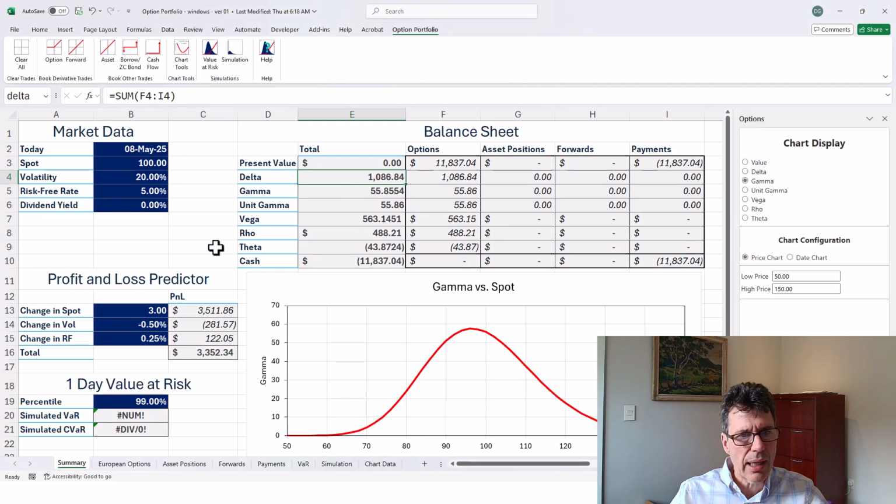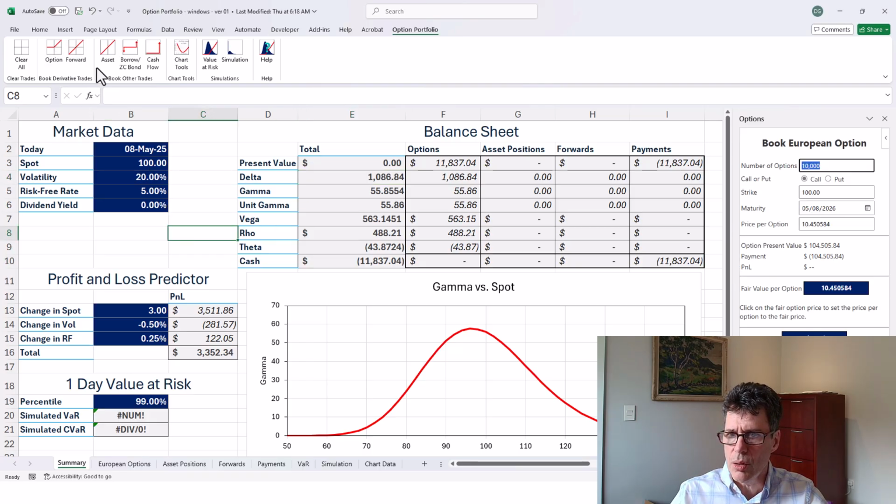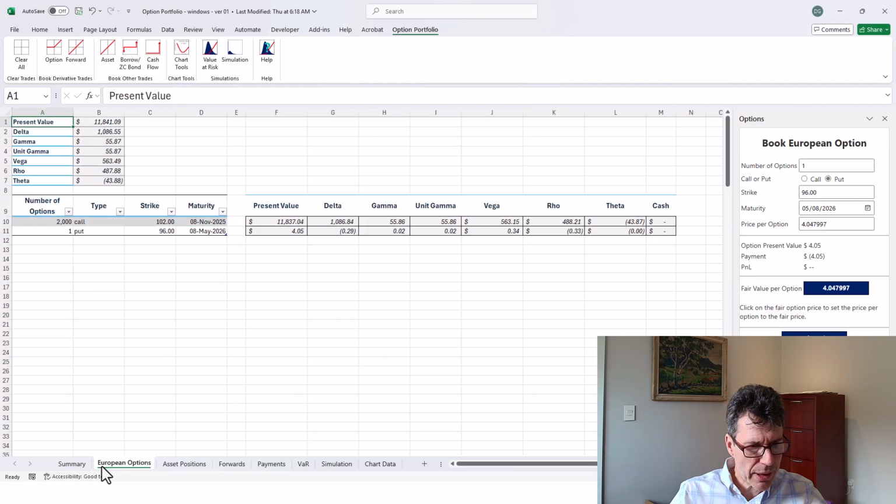So I'm going to book one option. It's a put option with strike 96 and maturity May 8th, 2026. That option is worth 4.04, so we're going to just book that into a spreadsheet. And we can see our gamma has changed, but if I go look at my European options for a second, I can see here's the 2,000 call options, strike 102, that's my position.